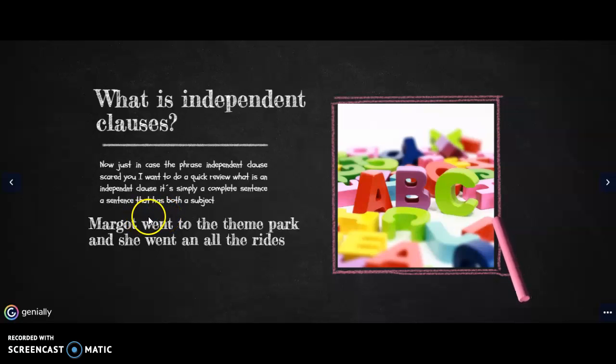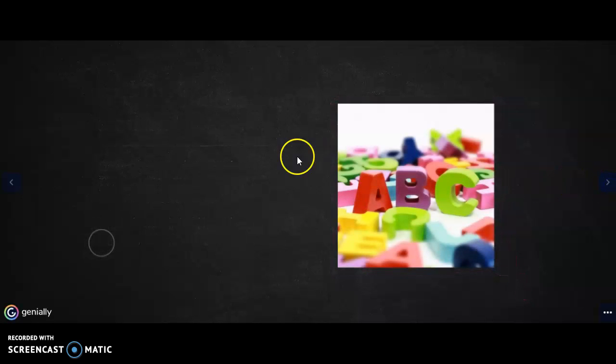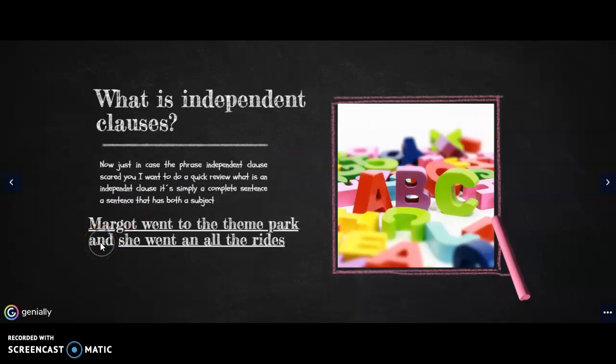Margot went to the park and she went on all the rides. We can join them with a coordinating conjunction like and. We still have our two independent clauses, but the coordinating conjunction tells us that both of these ideas are equally important.